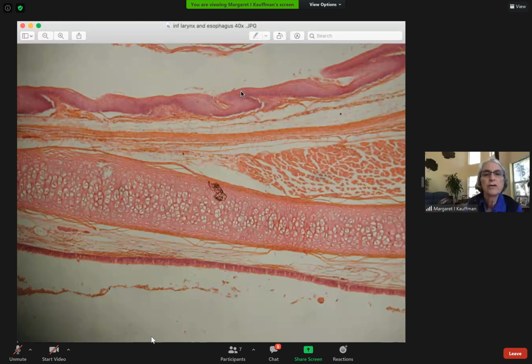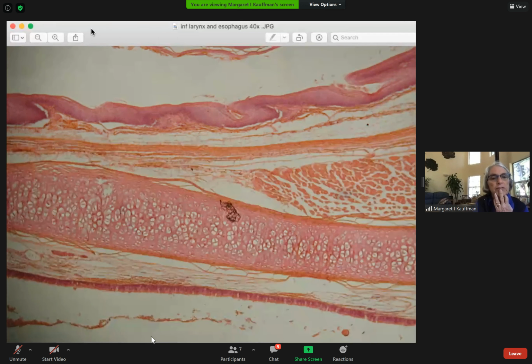Okay, so here I think I'd focus on, this is stratified squamous, right? I'm hoping you can recognize that. And this is pseudo-stratified ciliated. So this is taken really way down deep in where this is the epiglottis. No, wait a minute. Is this anterior, posterior?